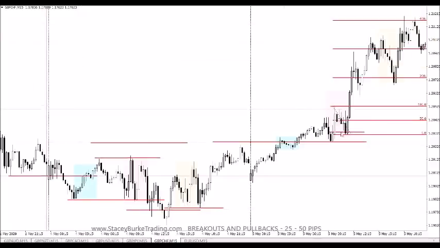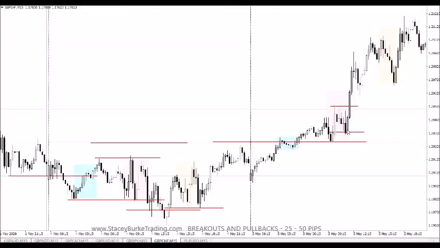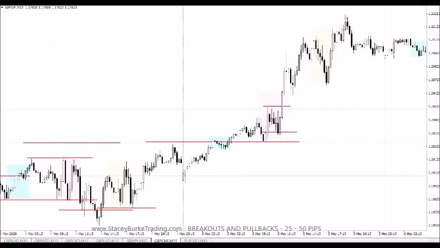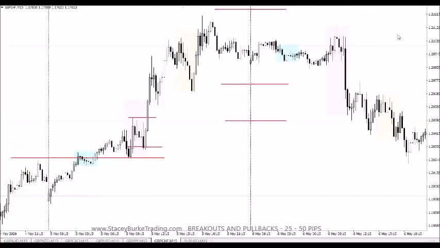And then we head into the next day. We get a peak formation heading into the close of the session. So again, even prior to looking at this, we're looking at our 25 pip box, our 50 pip box, and if the market was to push up, we could be 25 above and of course 50 pips above.